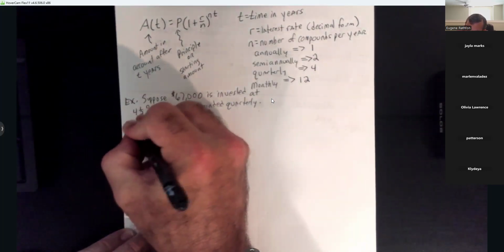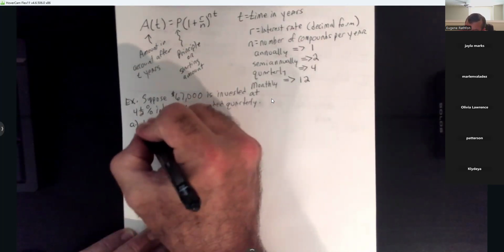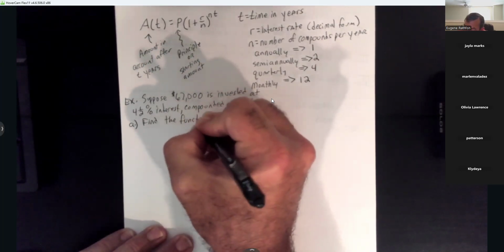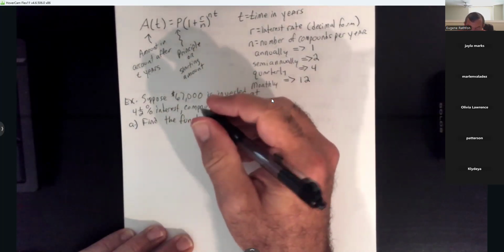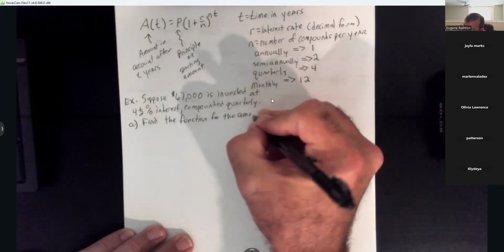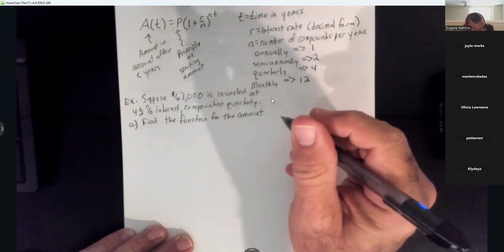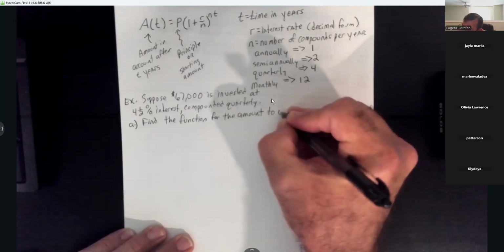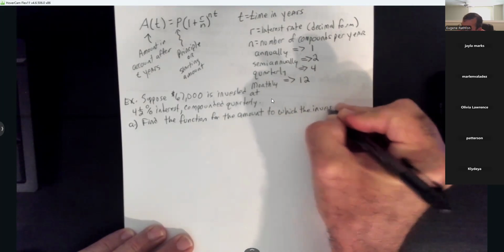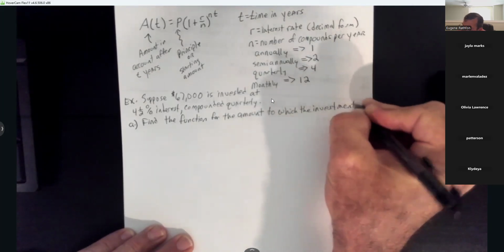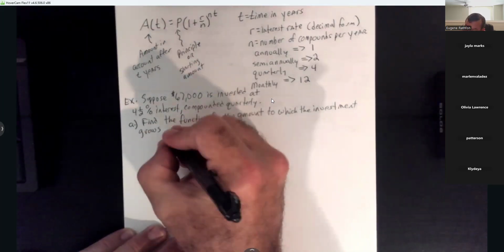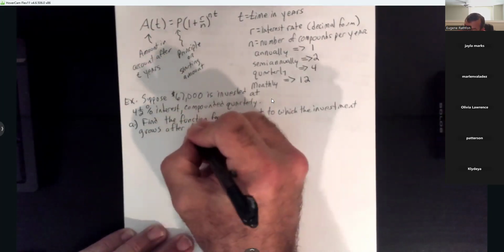So for A on this, they want us to find the function for the amount to which the investment grows after T years.